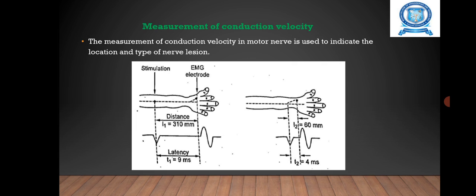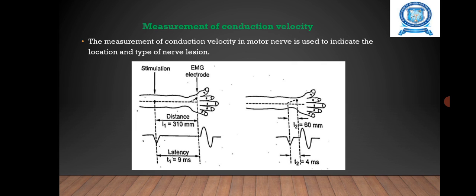Here the latency is defined as the elapsed time between the stimulating impulse and the muscle action potential. In this diagram, the EMG electrode and the stimulating electrode are placed at 2 points on the skin, separated by a known distance L1.